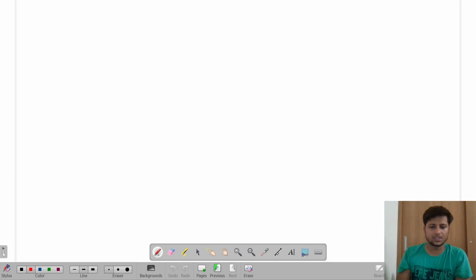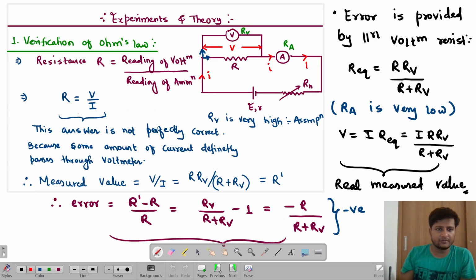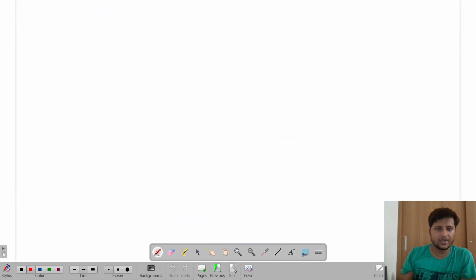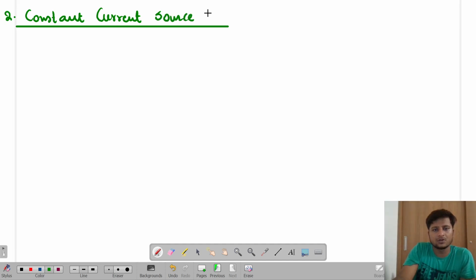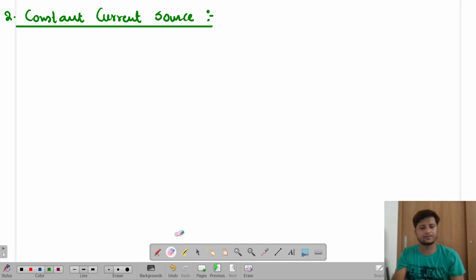Okay. Now, the second kind of experimental device which we use in the circuit is called a constant current source. Now look over here. As you know, a battery starts to discharge, isn't it?